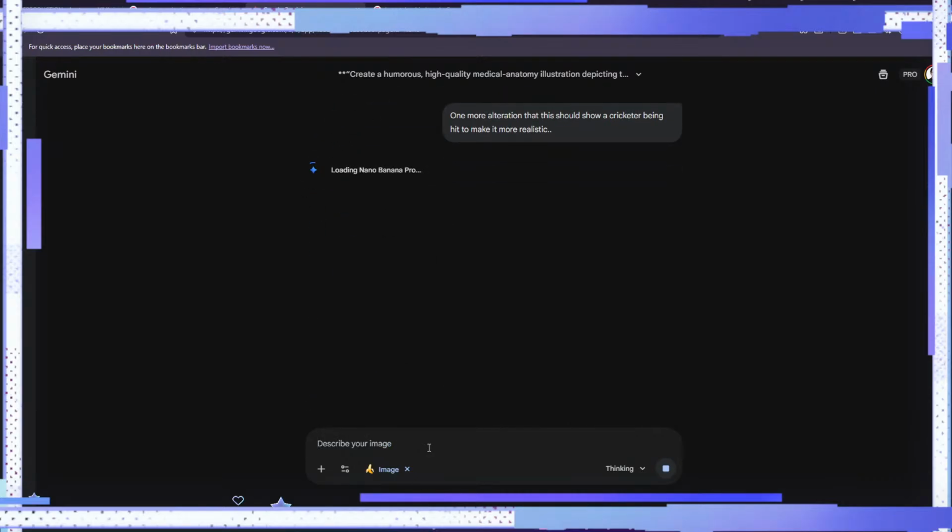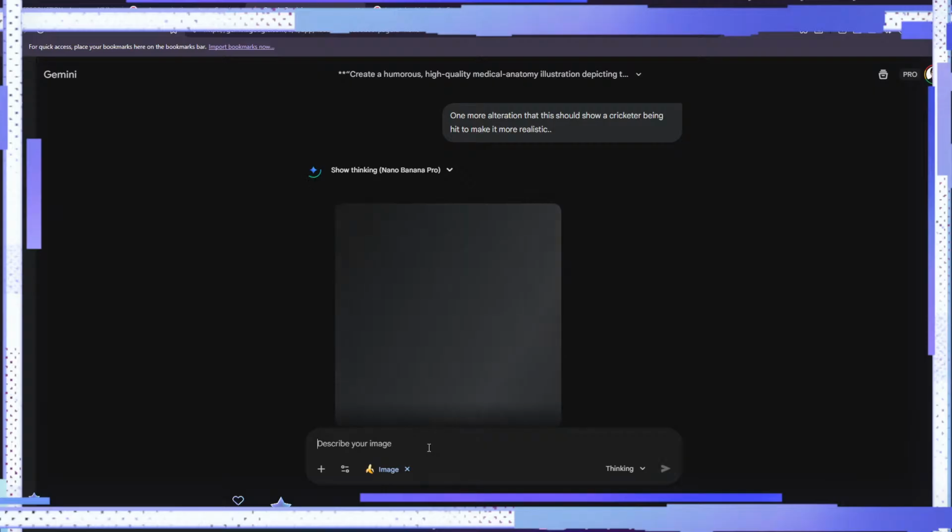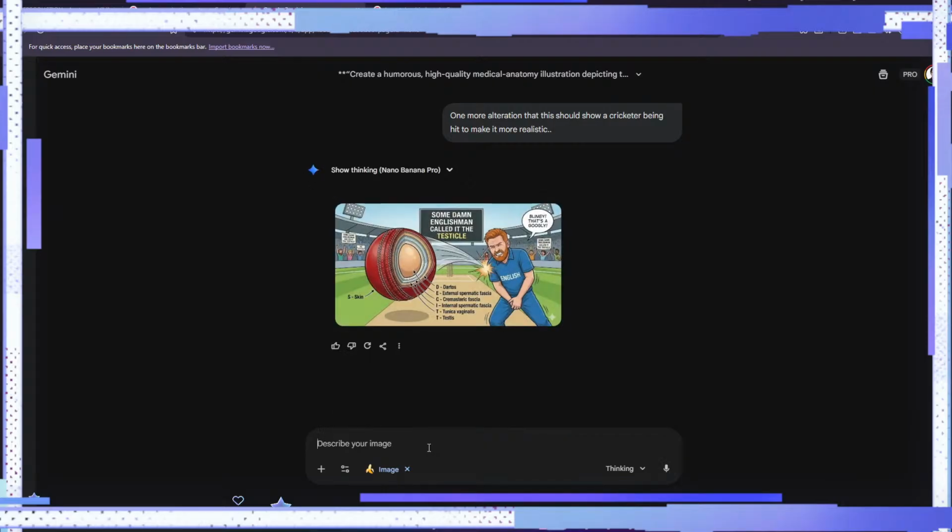Okay, that's how we do it. Anything to remember? So, some damn Englishman called it a testicle. So you have some, which is skin. Englishman is external spermatic fascia. Or, sorry, damn. That D is for dartos, a muscle. Then you have cremasteric fascia.